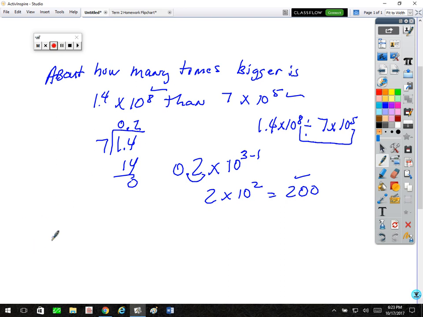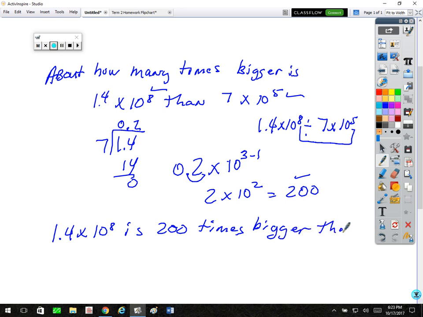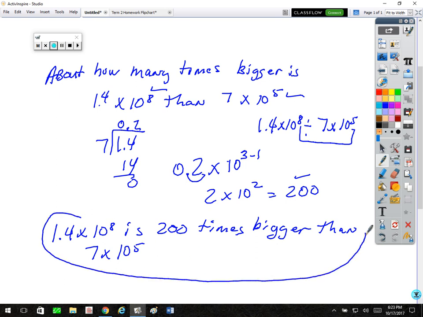So if I was to write my sentence, 1.4 times 10 to the 8th power is 200 times bigger than 7 times 10 to the 5th power. And that's what we're looking for right there. How many times bigger? Remember, times bigger, times larger, times farther. Anything that says that tells me division.